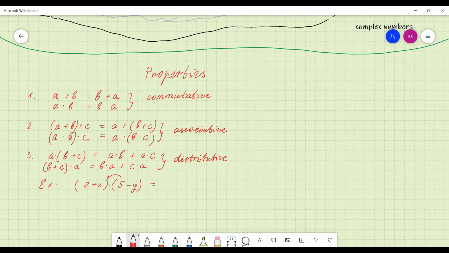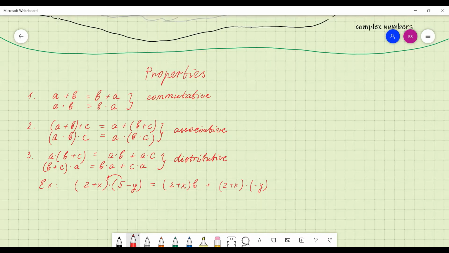Looks like we are going to use line number 1 out of property number 3. So we are going to have 2 plus x, it's our a, right, multiplied by b, and also 2 plus x multiplied by negative y, right? So we use line number 1, we multiplied b by a and c by a. So we have ba and ca.